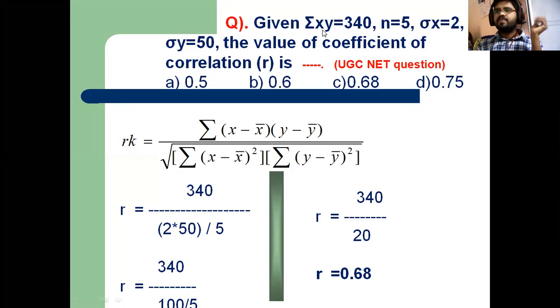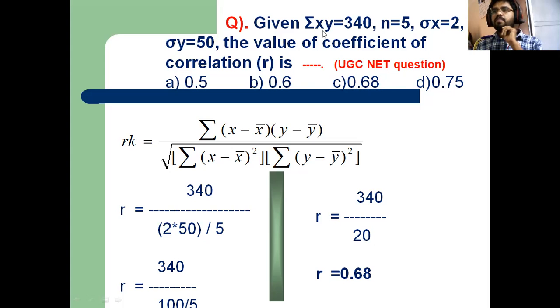Given the sum of xy is equal to 340, n is equal to 5, standard deviation of x is equal to 2, and standard deviation of y is equal to 50, the value of coefficient of correlation R is dash. This question was asked in the UGC NET exam. The options are: A is 0.5, B is 0.6, C is 0.68, and D is 0.75.